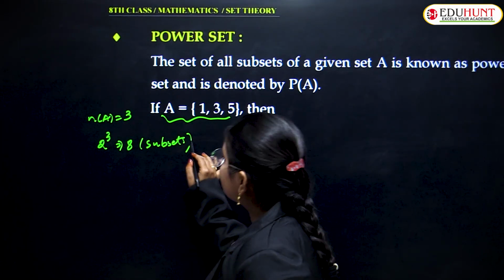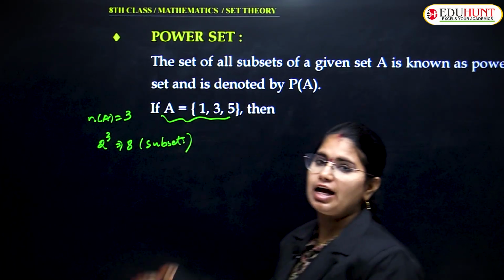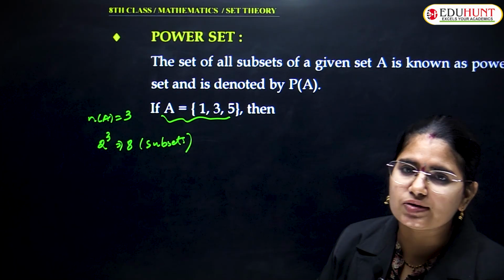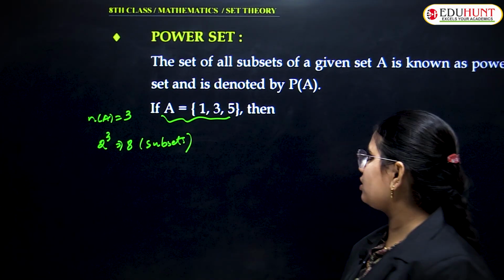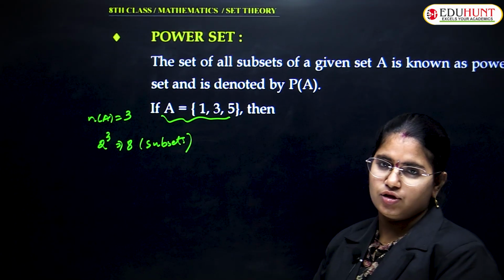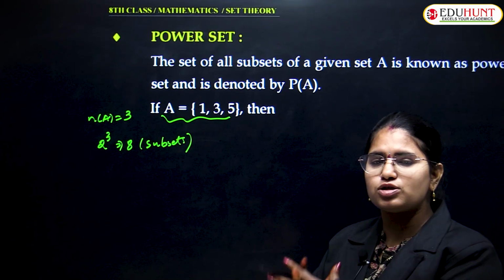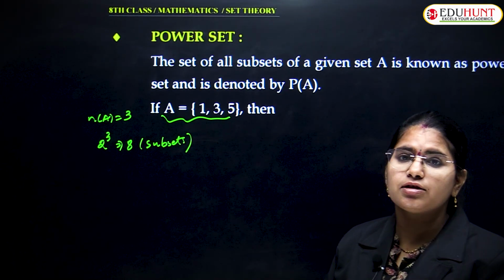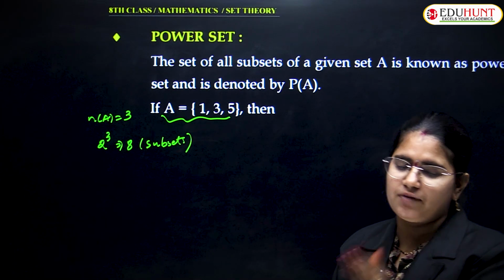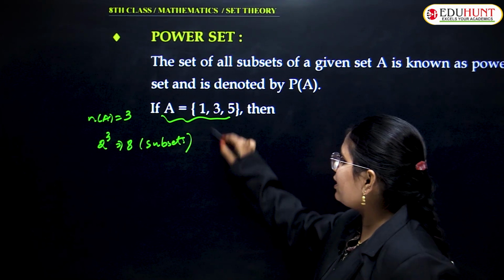So all these subsets, if I gather at one place and put them in braces, that is nothing but a power set. If you collect all the subsets of a main set together, that set is a power set. Let me express it.